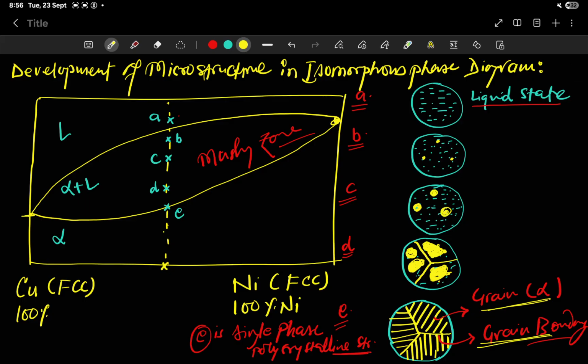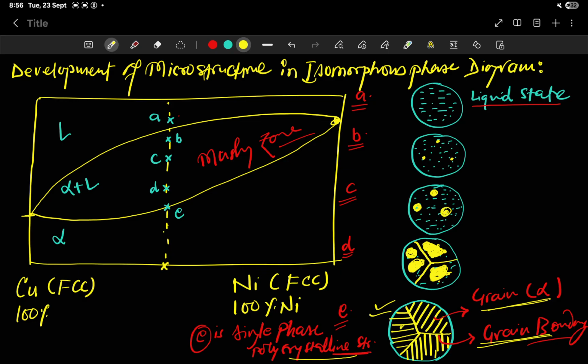Grains have different orientations, you can see this region is oriented in another way, right? So the alpha phase is defined as a single phase polycrystalline structure.